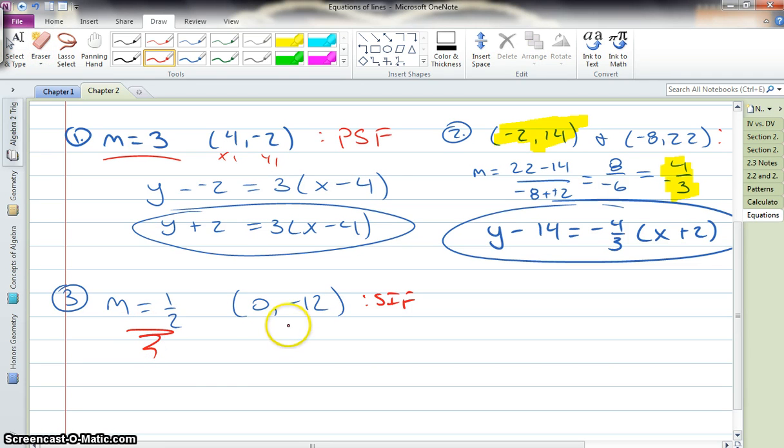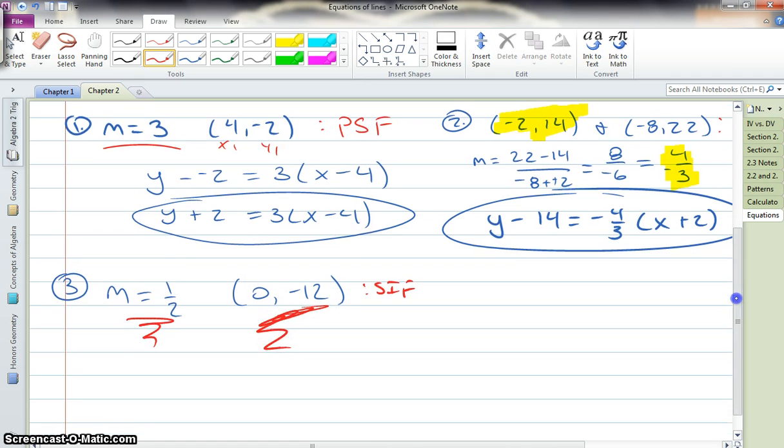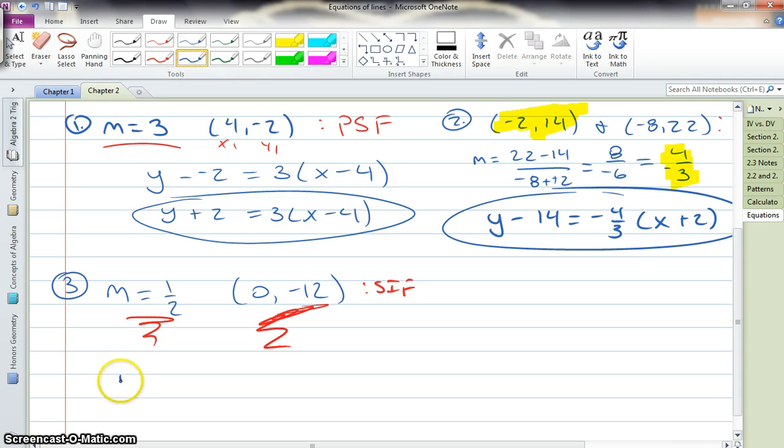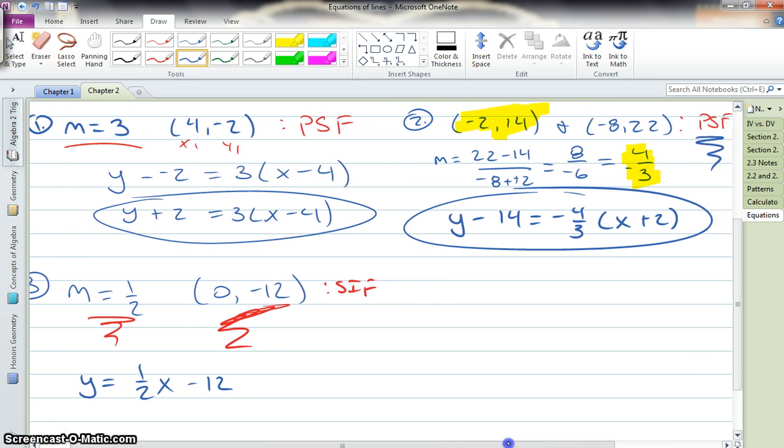And we need a y-intercept. And if I'm correct, we got that too, right? We know x is 0, so I already have my b value. So simply y equals m times x plus -12, my b value.